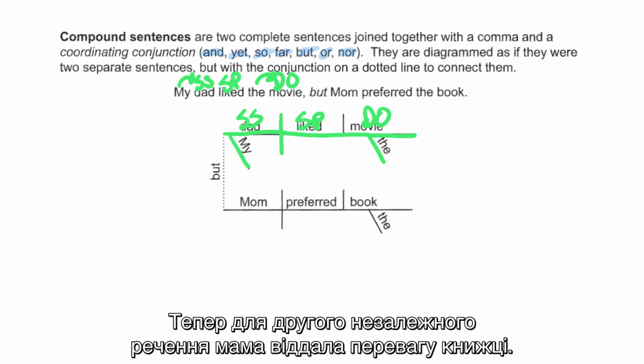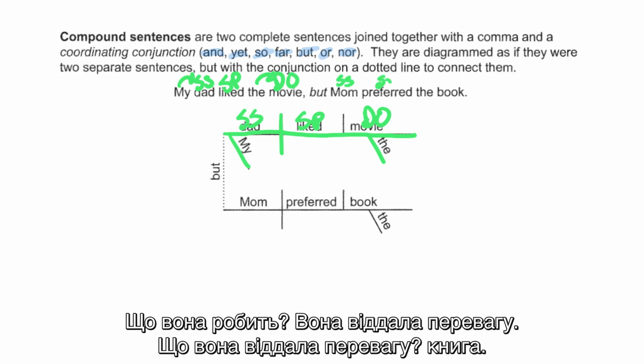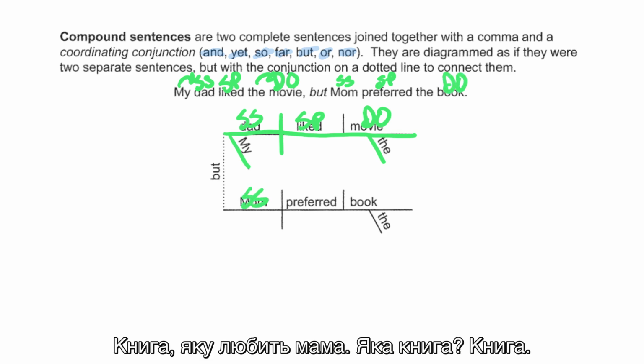Now for the second independent clause. Mom preferred the book. Who or what is this about? It's about mom. What did she do? She preferred. What did she prefer? Book. Mom preferred book. Which book? The book.